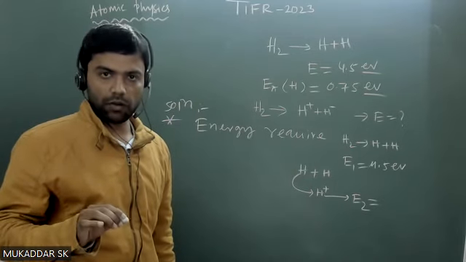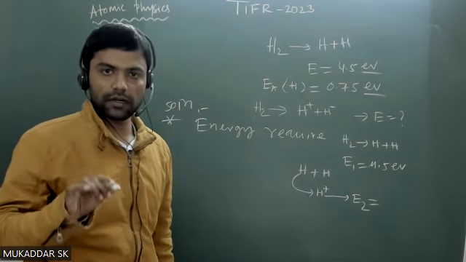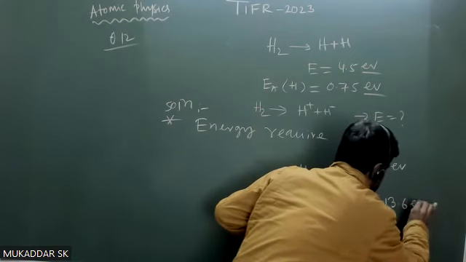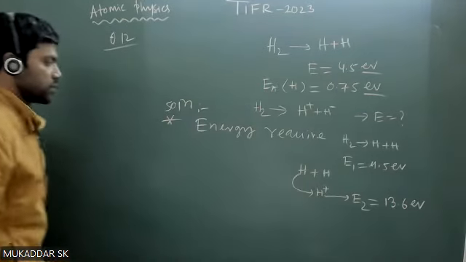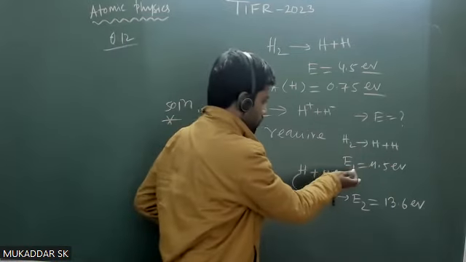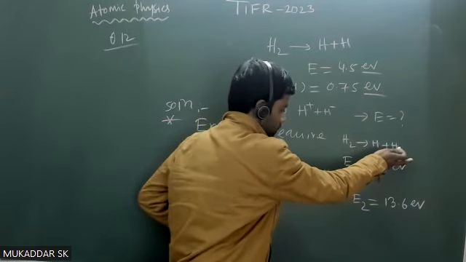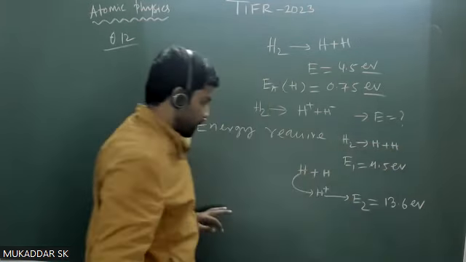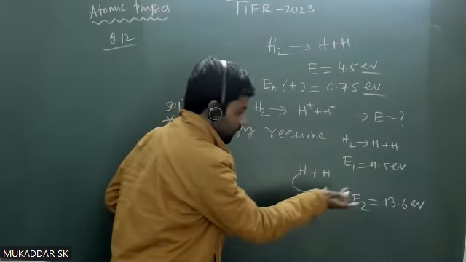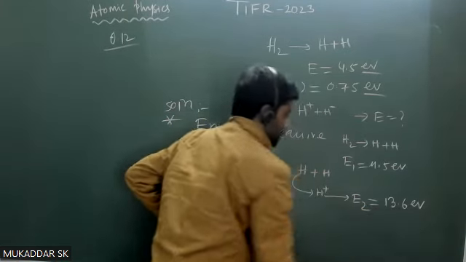The minimum energy required to remove this electron from the ground state will be 13.6 electron volt. So E2 is nothing but 13.6 electron volt.